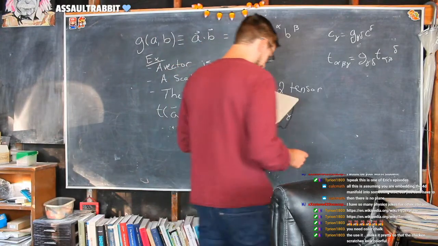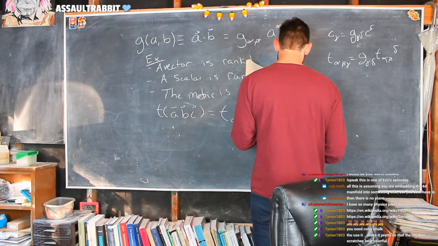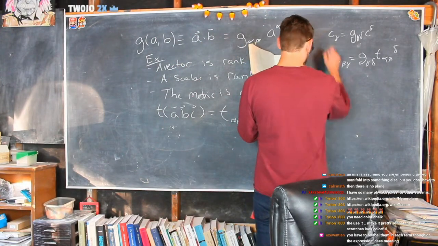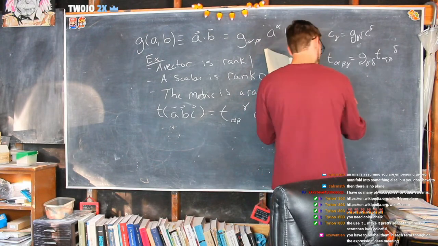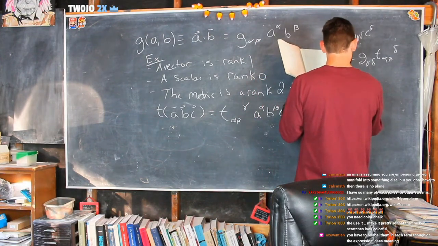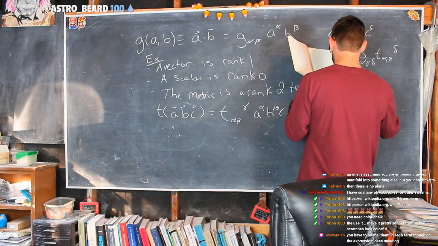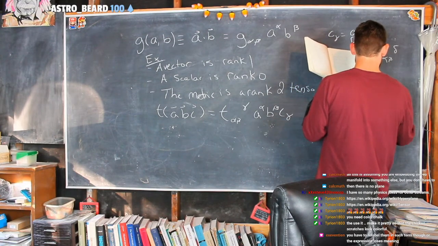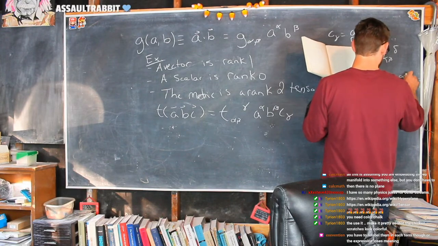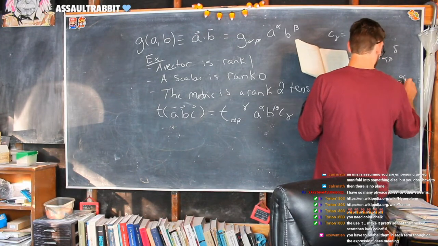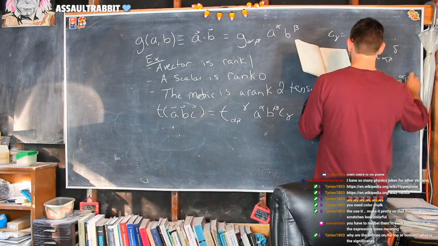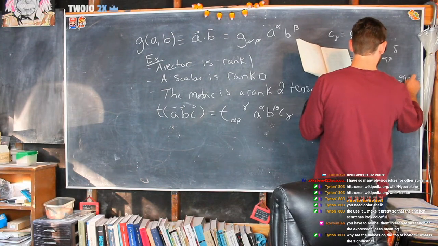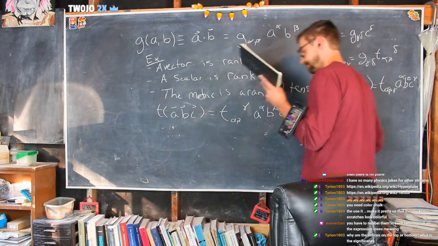Okay, so now what? Well, if that's the case, then this finally gives us our tensor of A, B, C. Now we can rewrite this as alpha, beta, gamma, A alpha, B gamma, B beta, and C gamma.